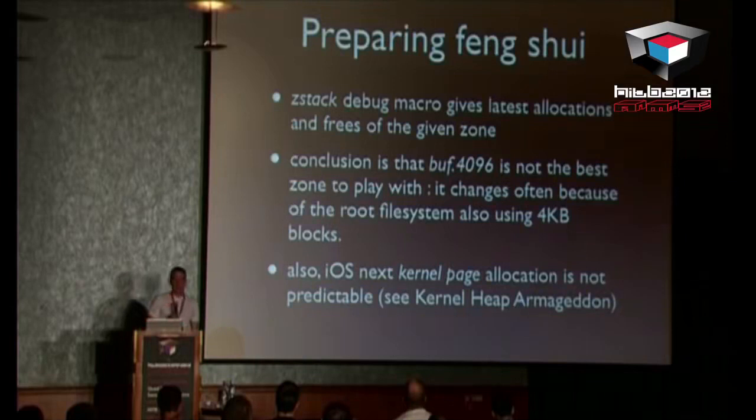Now, okay, we know that we can overwrite a free element with custom data coming from the HFS image itself. So we have the complete trace of the latest allocations and frees with the zstack debugging macro.